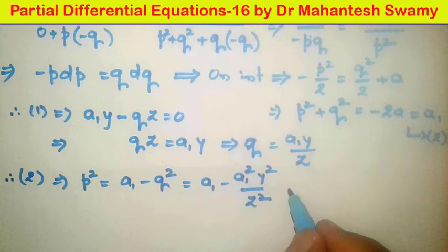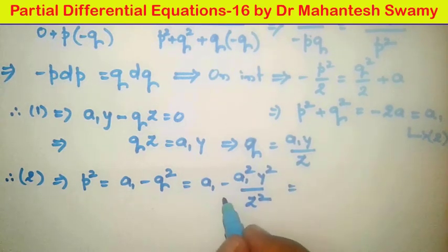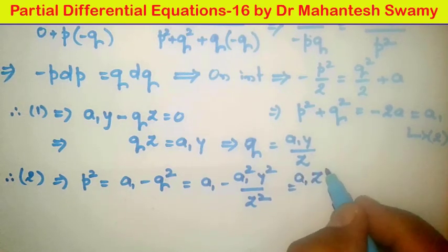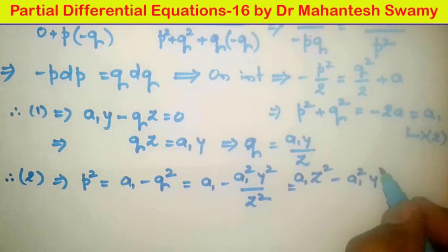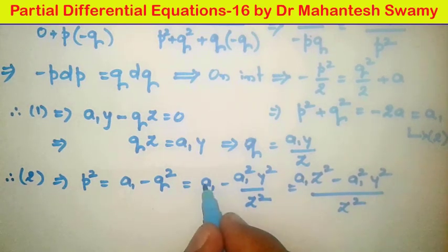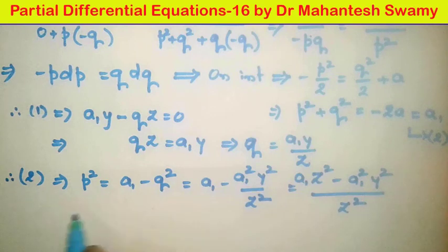This implies we can take LCM and we can simplify here. That is going to be a1 into z square minus a1 square into y square divided by z square. That is, taking LCM is simple. LCM is z square, and here z square remains. Z square will be multiplied here, a1 into z square minus this thing remaining as it is. So this is the value of p square.